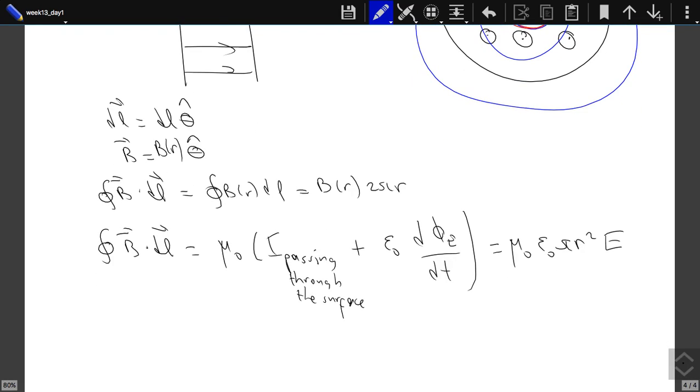Well, then this has to be equal to this one. And that gives us the magnetic field at a distance r from my plate. This is equal to mu0 epsilon 0 pi r squared E divided by 2 pi r. Well, sorry, there is a d by dt over here.